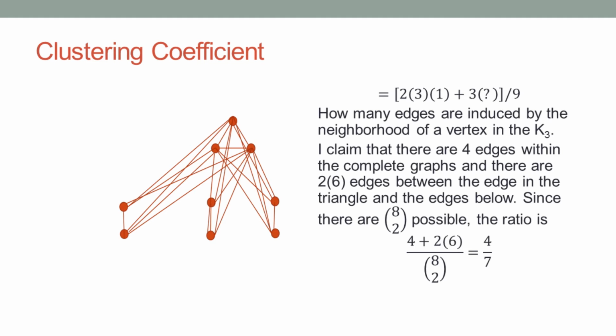And since there are 2 vertices other than the one whose coefficient we're considering, and they're each adjacent to 6 below, I claim there are 12 edges in the induced neighborhood running from the top to below. So the total number of edges is 12 plus 4, or 16, over 8 choose 2, which, doing the arithmetic, will reduce down to 4 over 7.